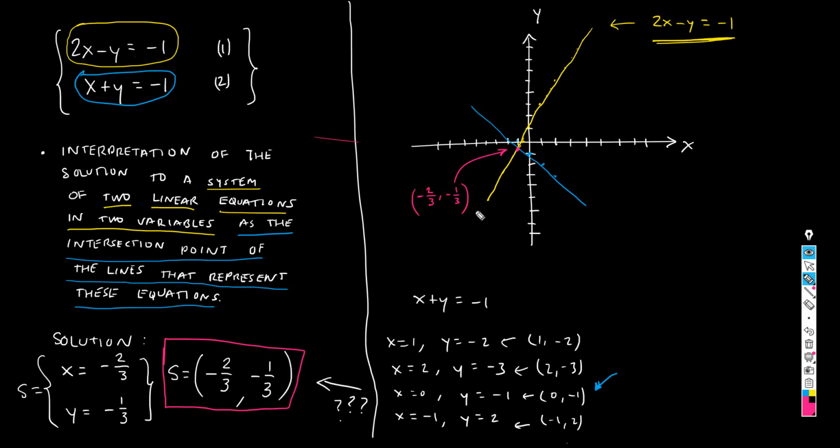That's what we mean by a line representing an equation and interpreting the solution to a system of two linear equations in two variables as the intersecting point of the lines that represent each of your equations.